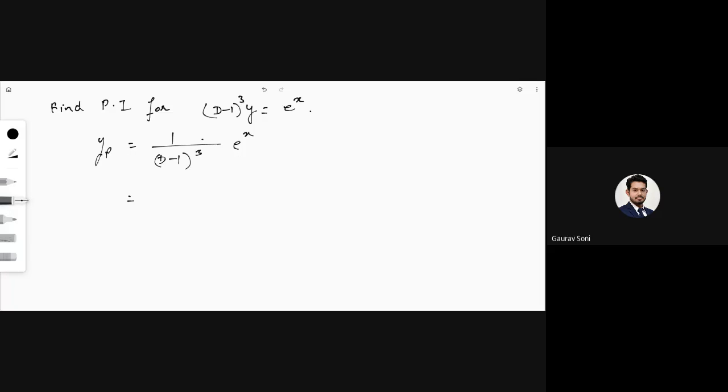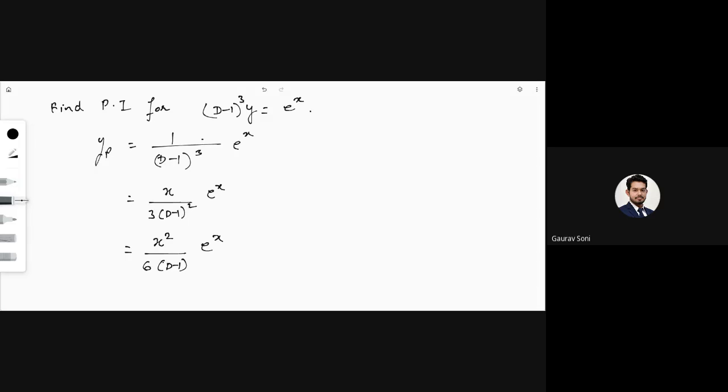Simply replace D by 1 and you can see that the denominator becomes 0. So what I will do is multiply by x and take the derivative. That will be 3 into (D minus 1) square, e to the power x. Now you replace D by 1. Again it is becoming 0, 1 minus 1. So again I will take a derivative and multiply by x in the numerator. So 3 into 2, 6 (D minus 1), e to the power x.